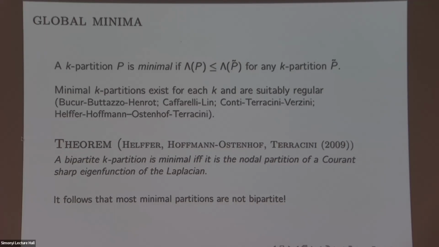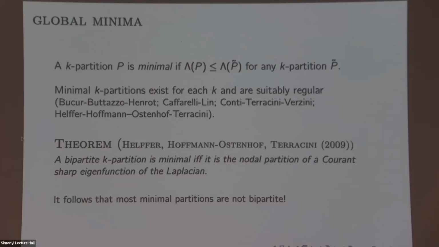This is not actually a minimal partition, but this is the kind of regularity that we're guaranteed. So piecewise smooth curves meeting at equal angles, exactly as happens for eigenfunctions of the Laplacian, right? Their zero sets have this exact same geometric structure. Okay, so that's existence and regularity.